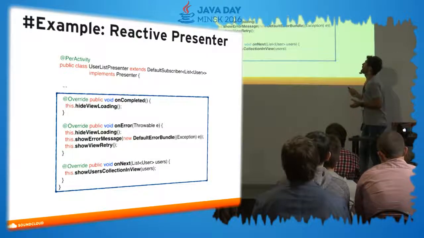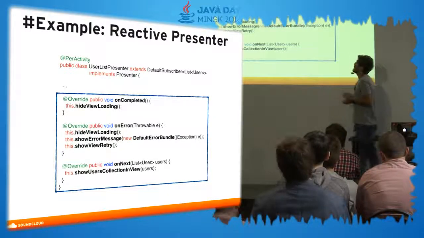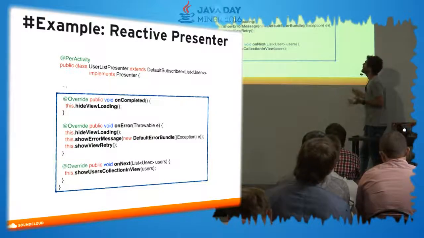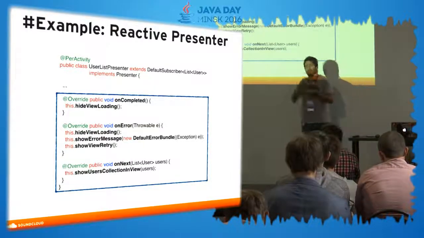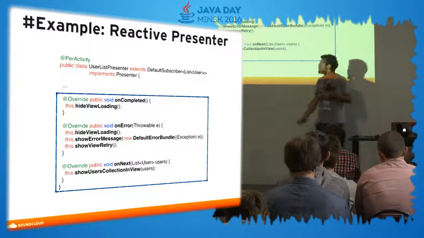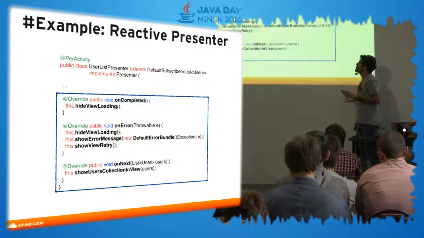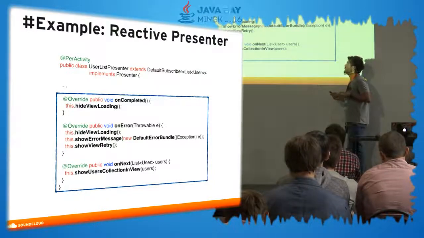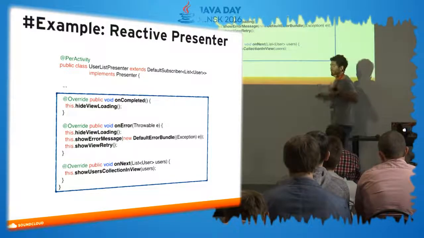So when my job is done and I got my list of users, I'm just saying, all right, now that you're complete, I just want to hide my loading view. I started a loading spinner when I started performing my job. When there is an error, I'm also going to hide my loading view, show an error message, and show some kind of retry view.